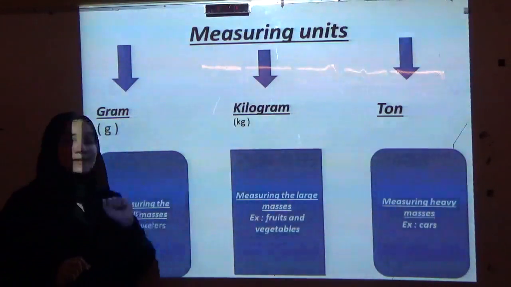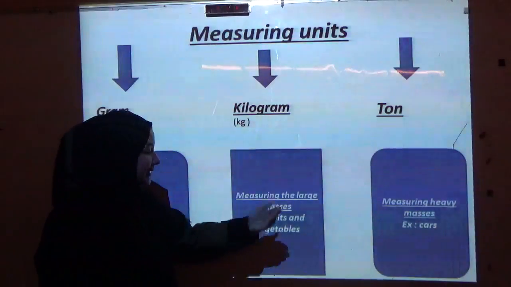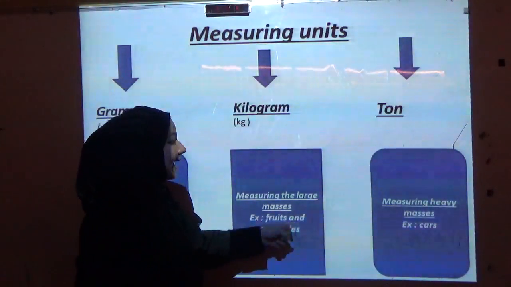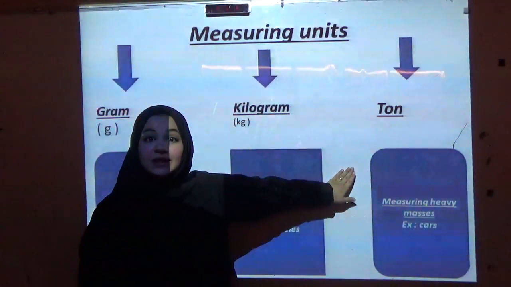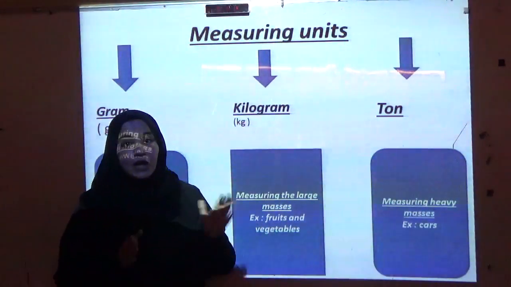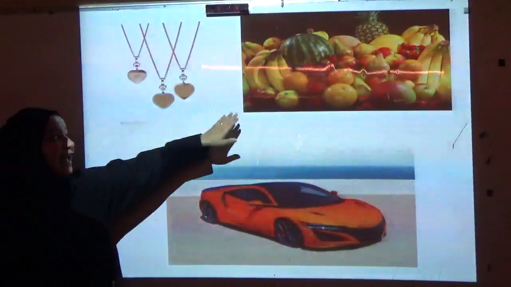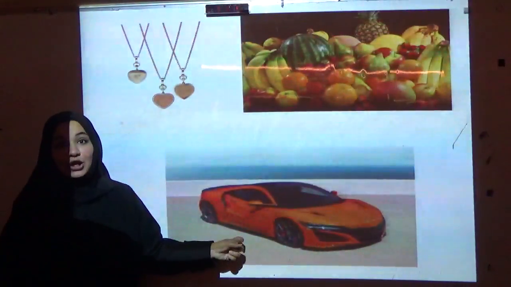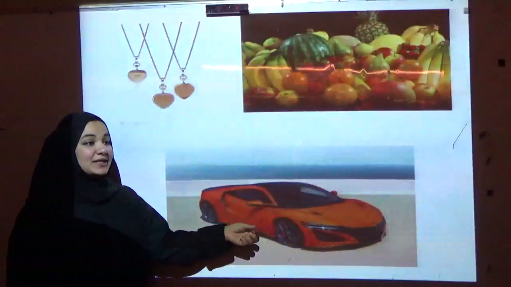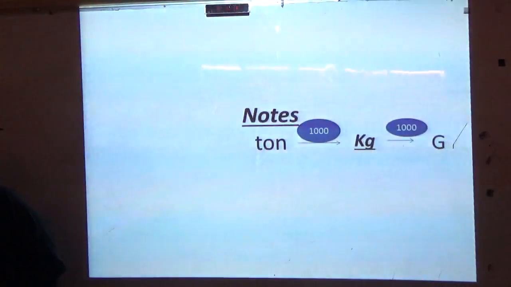Kilograms are used for measuring the large masses, for example, fruits and vegetables. While the ton is used for measuring very heavy mass, like the car. And this is the picture for the jewelry, the fruits and vegetables, and the car. The car is the heaviest mass, so we use the unit ton.